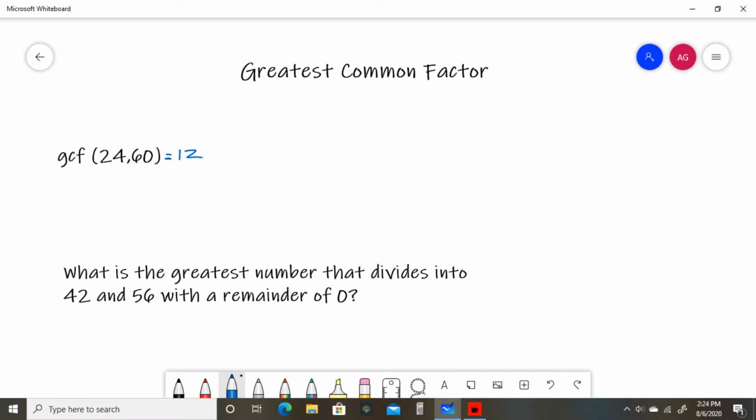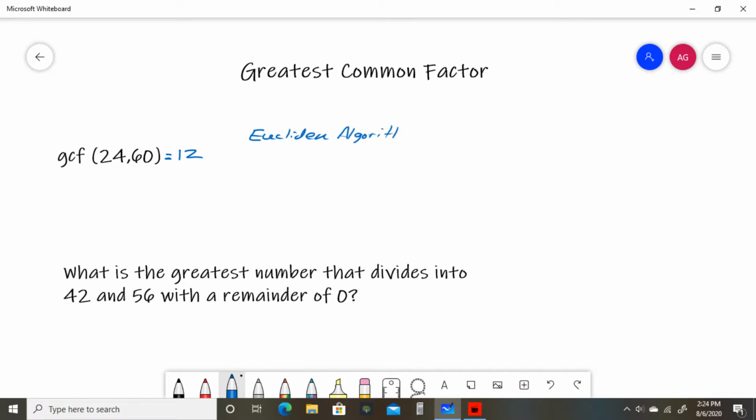But I'm going to show you a way that you can find the greatest common factor if it's not immediately obvious. So we're going to use a method that everyone calls the Euclidean algorithm.